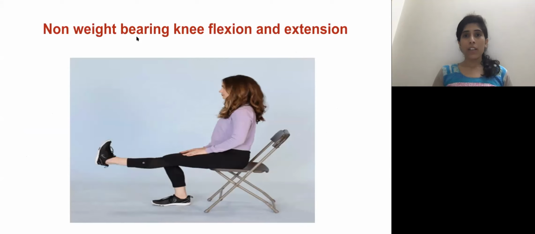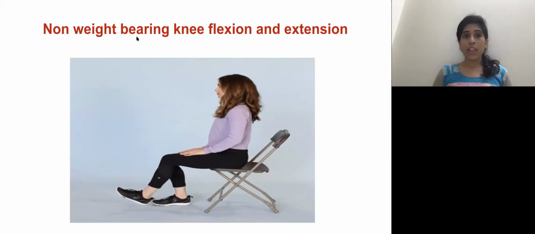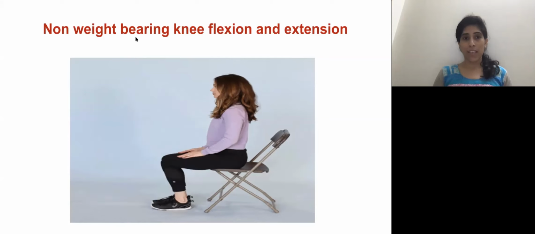So how it affects during flexion and extension and what will happen to complete this range, we'll see first with the non-weight bearing knee flexion and extension, and then with the weight bearing knee flexion and extension.